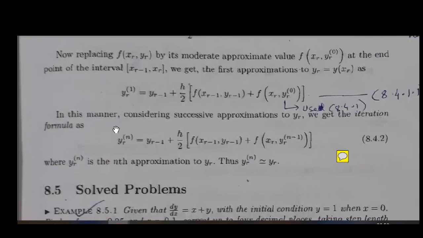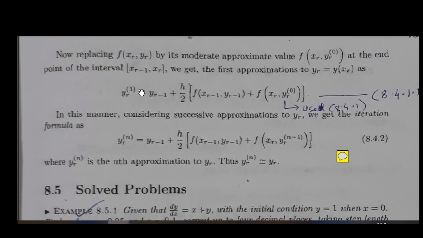So in a recurrent formula, I can write yrn in this form. When you are trying to find the nth level of approximation, you use the n minus 1th level of approximation. One thing you see: for this you need not use Euler's method, because suppose I am finding yr2, yr1 is already in our hand via this modified method, so we will use that value.